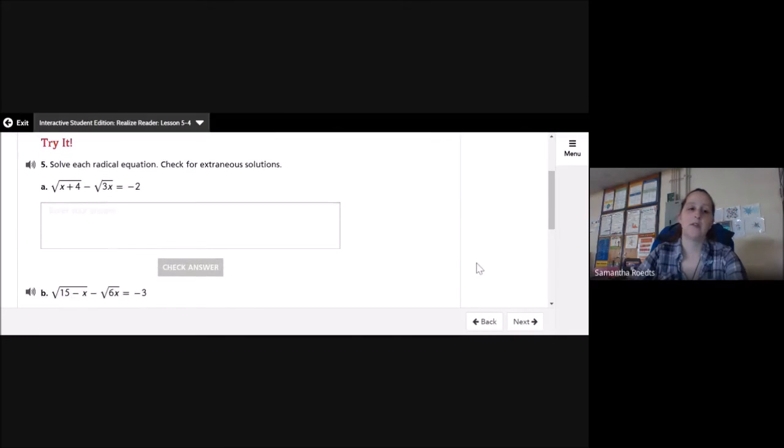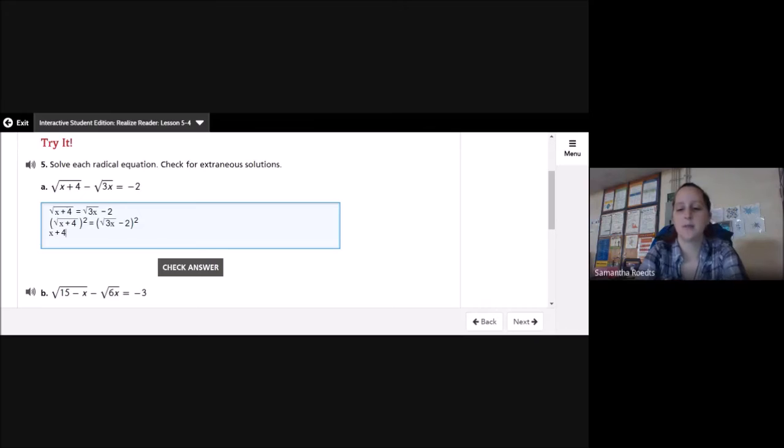All right, so let's try it. Solve each radical equation, check for extraneous solutions. So the first thing that I want to do is I want to get one of these radicals by itself. So I'm going to move the square root of 3x to the other side of the equation. Then I'm going to square both sides. X minus 2 squared.